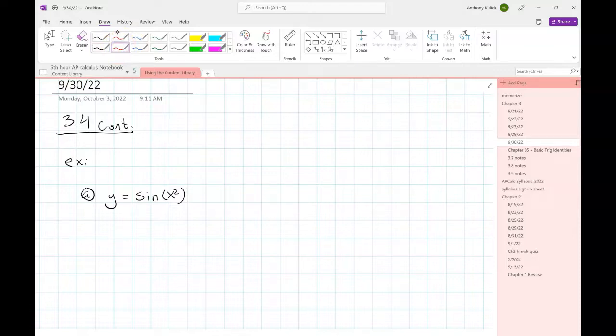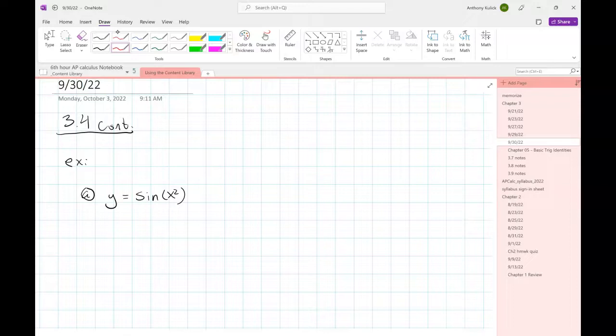So the chain rule, again, when we use the chain rule, if we have a composition of two functions, which we have here, right? We have a trig function and a polynomial function composed together. Everybody's cool with that? The verbiage that I like to use and the way I like to think about this is I like to think about an outer function and an inner function.